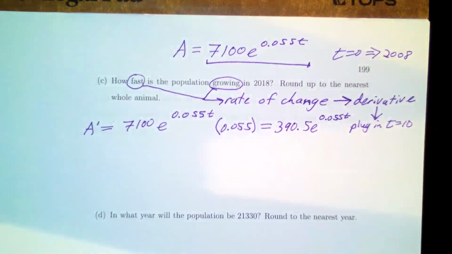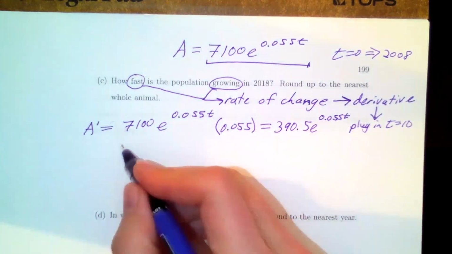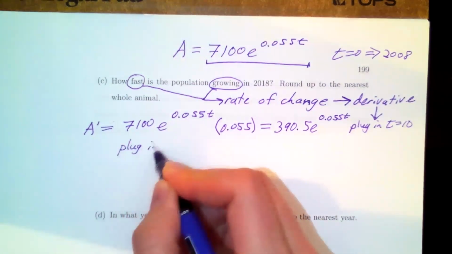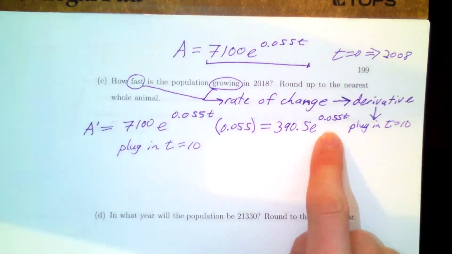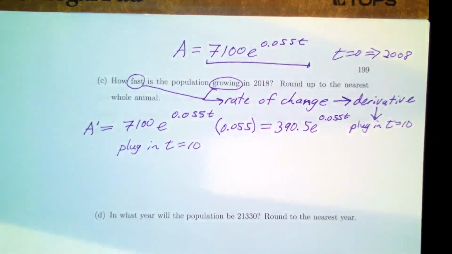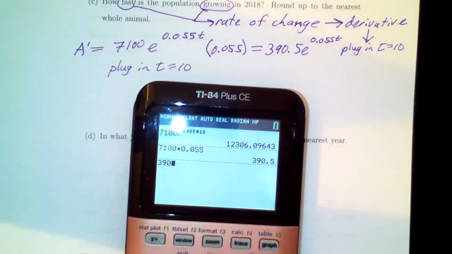Now this is my derivative function. This represents the rate of change in population at any time. But now I want to plug in t equal 10 into this derivative because I want to know the specific rate of change at 10. I have 390.5 e to the 0.055 times 10.